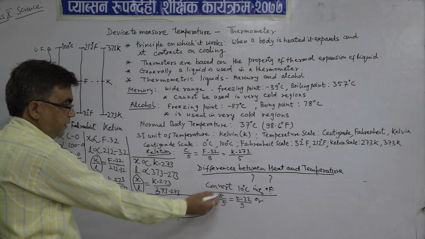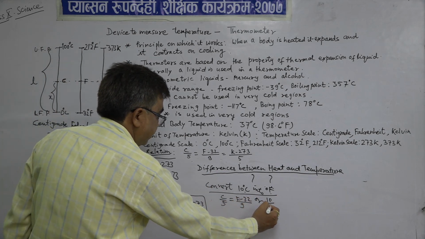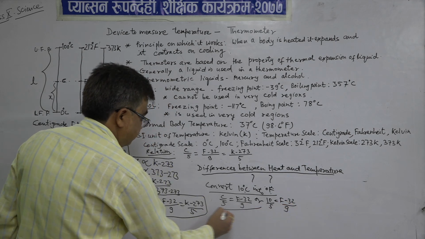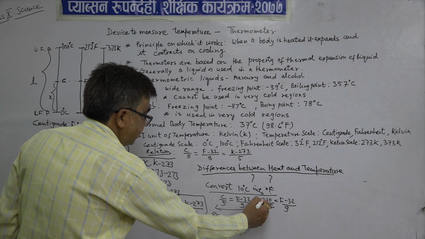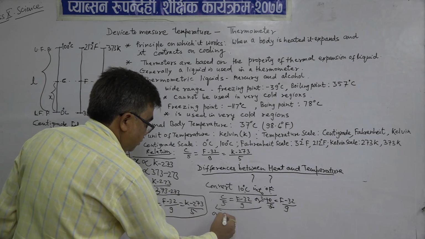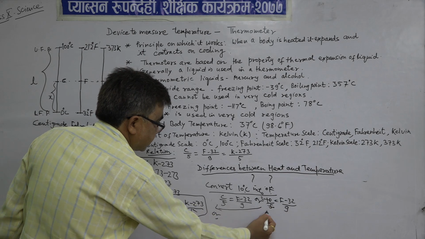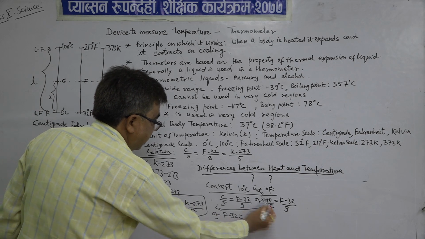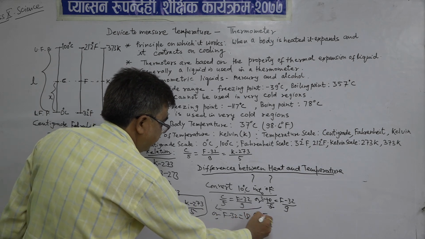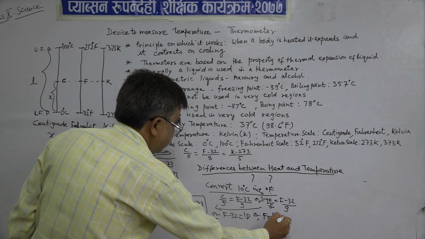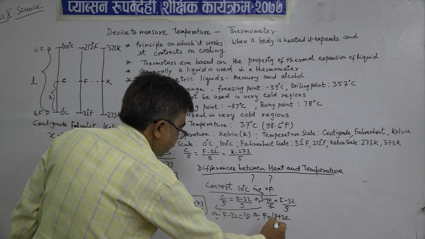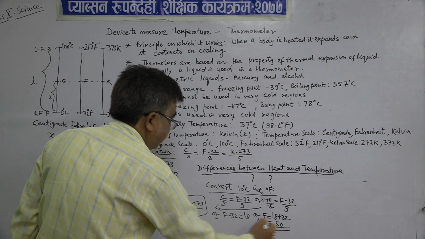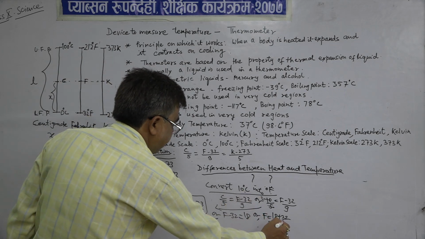In the place of C we write 10 upon 5 equals F minus 32 upon 9. 5 twos are 10, so 2 equals F minus 32 upon 9, F minus 32 equals 2 into 9, which is 18, or F equals 18 plus 32. It comes to 50.